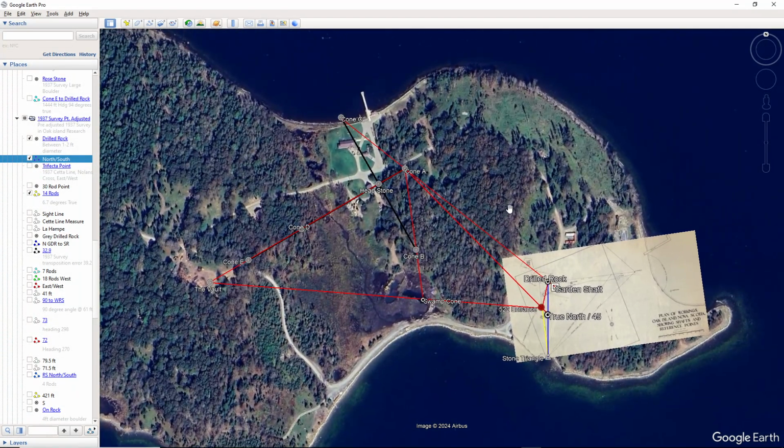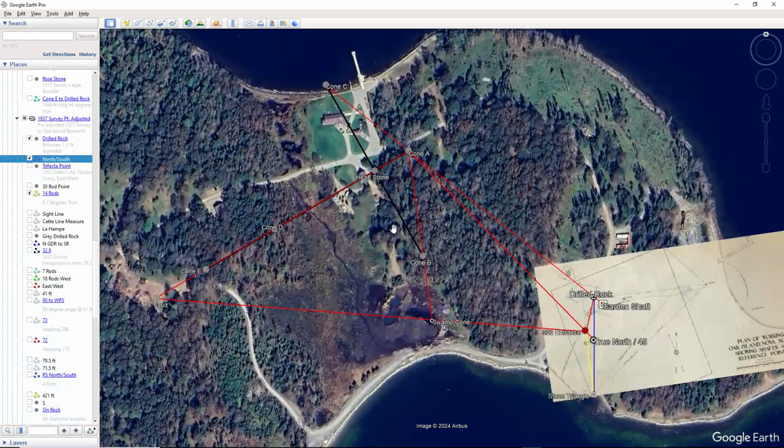So this is my analysis on this. It's a pretty interesting coincidence, I guess you could say. This alignment with cone B and cone A and the swamp cone, and the alignment from the intersection point on the 1937 survey to the swamp cone to the vault.